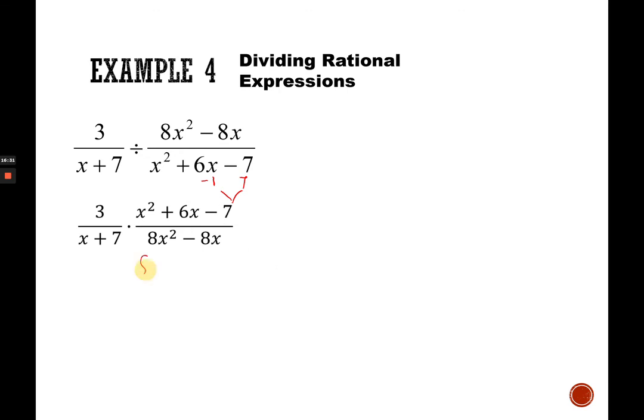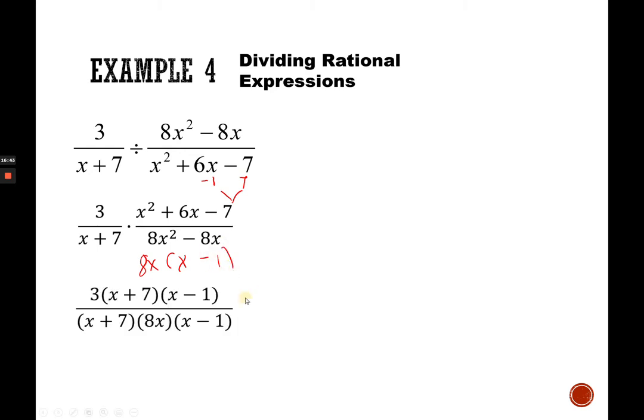Here we will just factor 8x. After taking out 8x from the first term, you only have 8x here. On the second, you have minus 1 after factoring out 8x. Next, you can now cancel your common factors, x plus 7 and x minus 1. The answer is 3 over 8x.